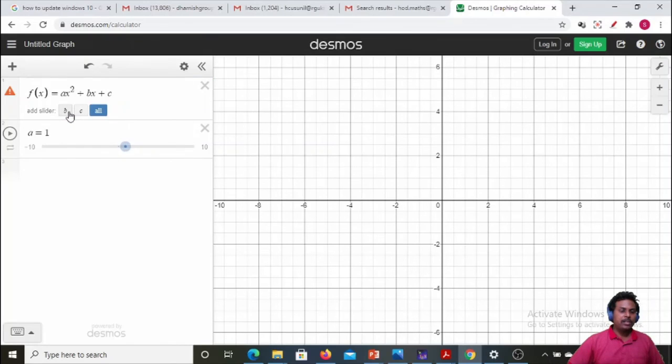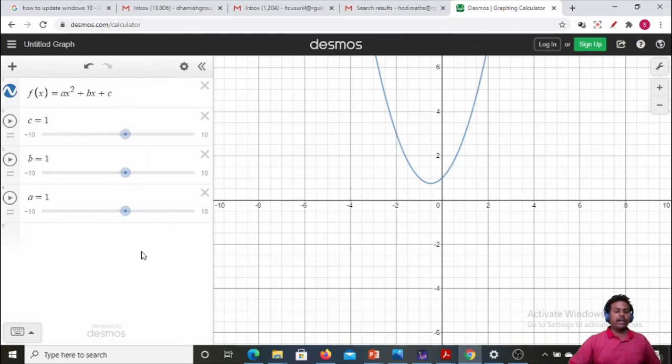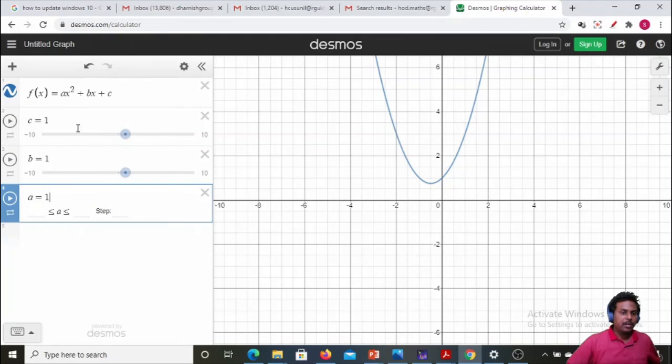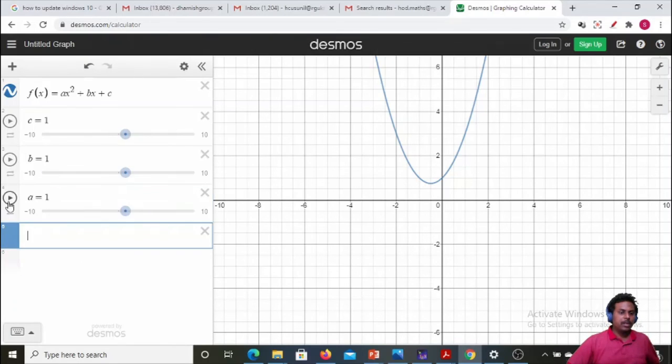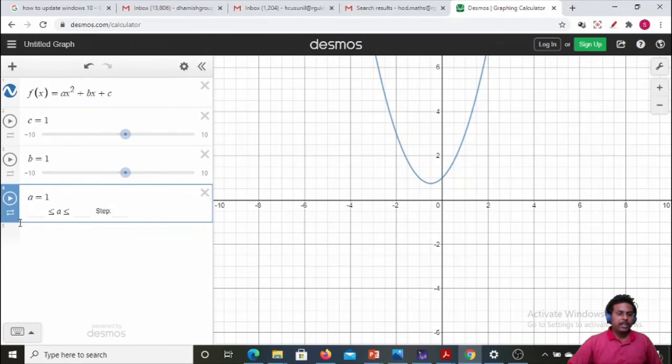A also I am adding a slider, b also I am adding a slider, and c also I am adding a slider. Okay, now let me change it. Right.